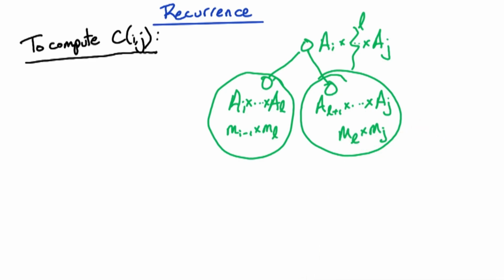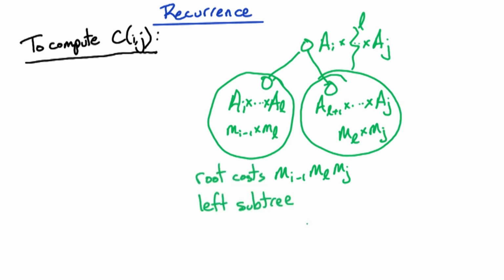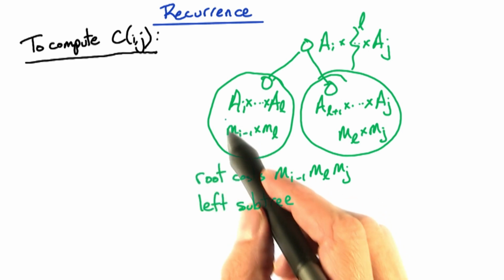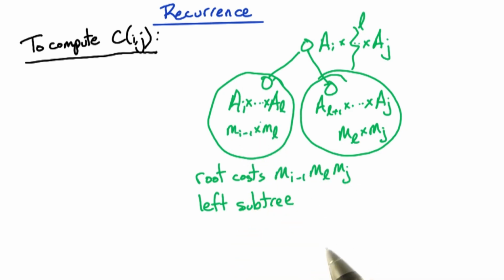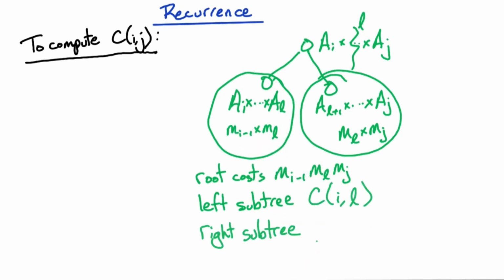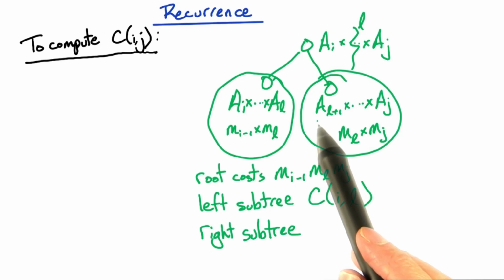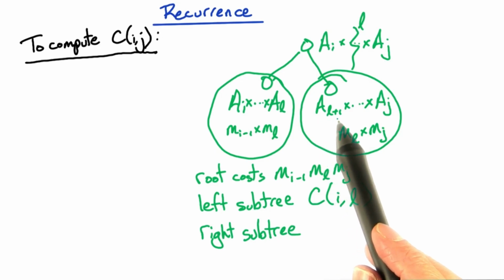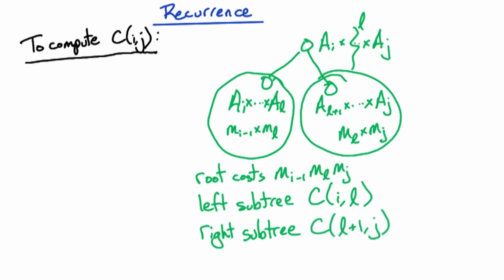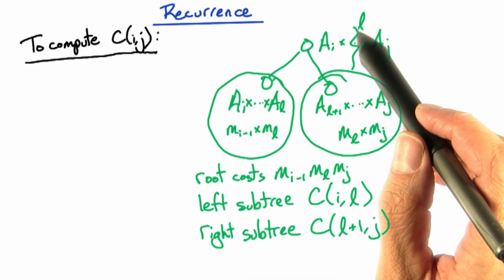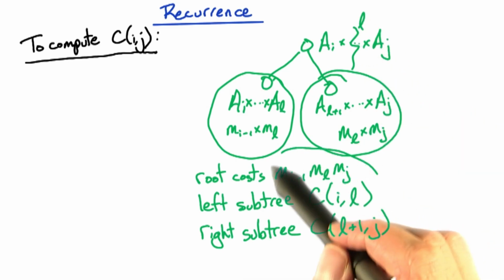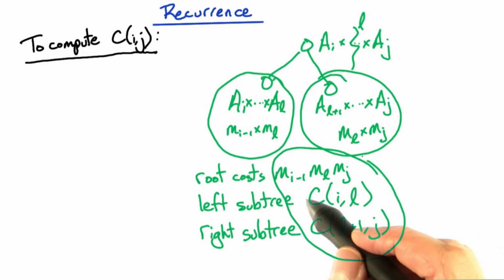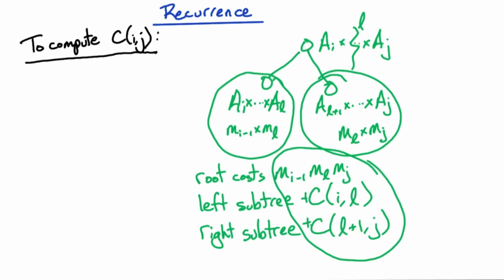So to multiply these together, it costs m_{i-1} times m_L times m_j. So computing the root costs this amount. Computing the left subtree costs this entry corresponding to this substring, which is C_iL. And similarly, the right subtree corresponds to the entry C_{L+1,j}. So the total cost for this split at index L is the sum of these three. And what are we going to do? We're going to try all possibilities for L, and we're going to take the one which has minimum sum.